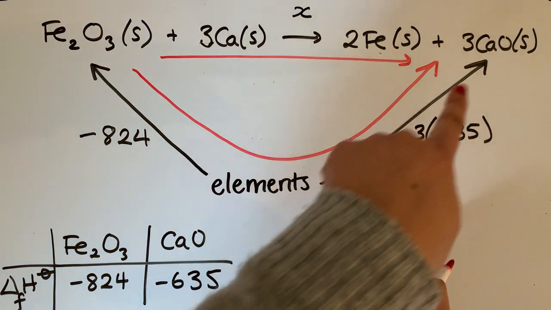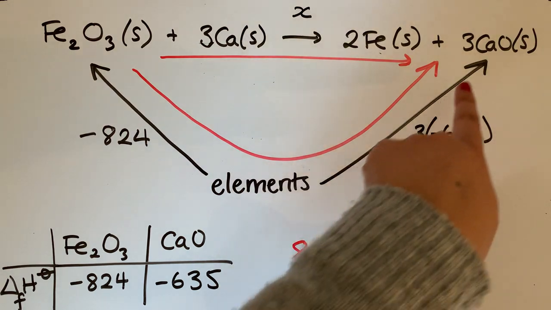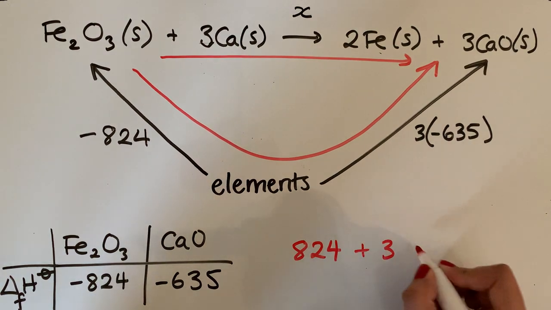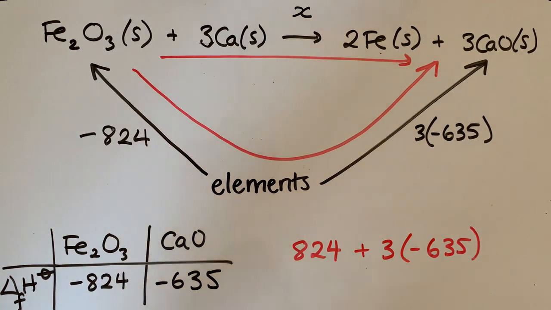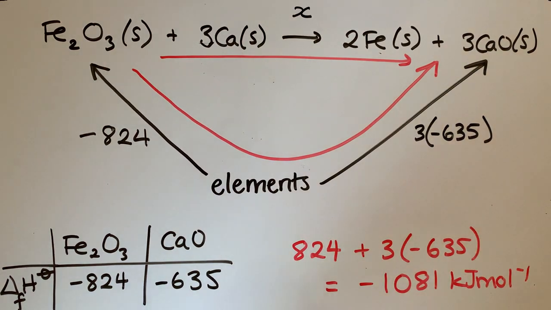So I'm going to go up this arrow here. I'm going in the same direction of my arrow, so I'm going to keep the sign the same. So plus 3 lots of minus 635. When I plug this into my calculator, I'm going to get minus 1081 kilojoules per mole.